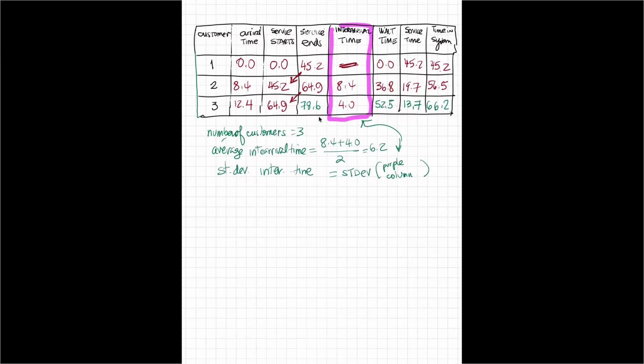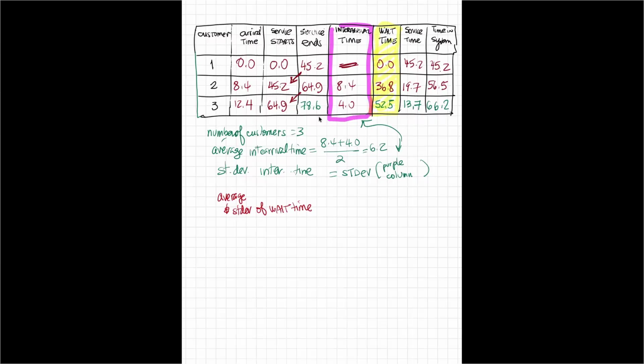I think we can also calculate valuable stats such as the average and standard deviation of wait time. We're talking about the average of this column, right? If this was an Excel file, you can see that the average might be something like 30 minutes or so. The average of these three is 0, 37, and 52.